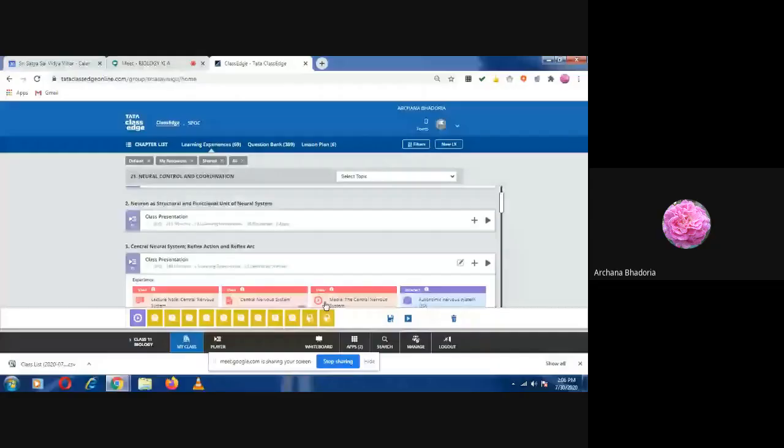So I'm presenting my screen. A little revision. I'm showing you a video of neural control and coordination. Try to see it, and then we will start with the new chapter. So the central nervous system, we'll try to see a little bit. Can you see my screen?